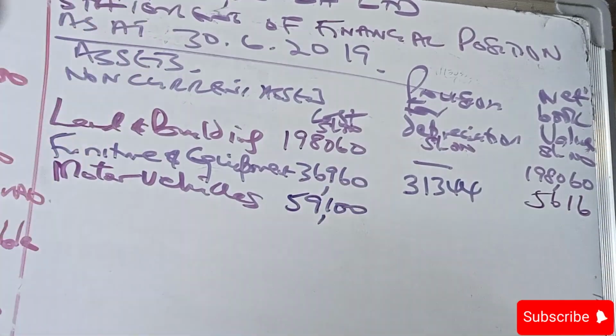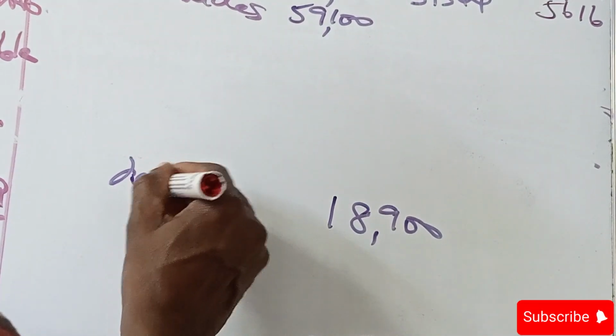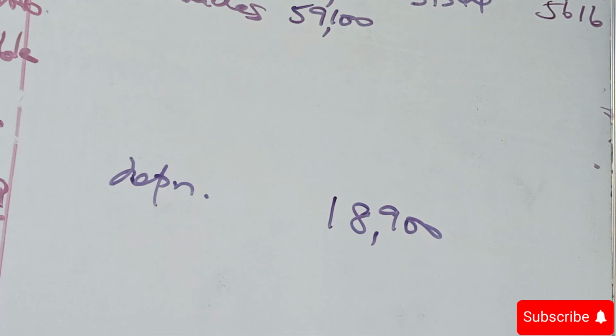But after the end of last year, the net book value was 59,100 minus 5,900 minus 4,200. So we have a balance of 18,900. The depreciation at the beginning of the year was 18,900.